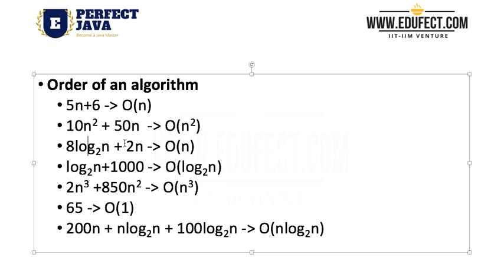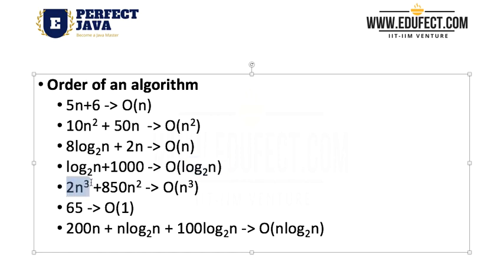So this is the term which will dominate, and hence it will be order n. Log 2 n plus 1000. Now for very large values of n, this will be much larger than 1000, and constants are typically ignored, so it will become order log 2n.